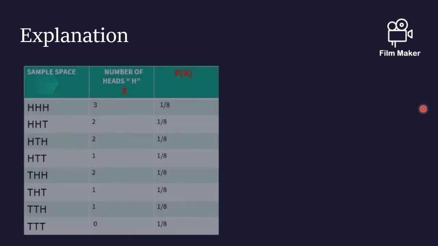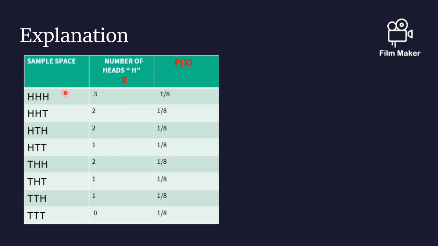Okay, let's have an explanation. So we have the sample space, the number of heads as H and represented as X, and then P(X). Head, head, head: number of heads is 3. Head, head, tail: number 2. Head, tail, head: we have 2.